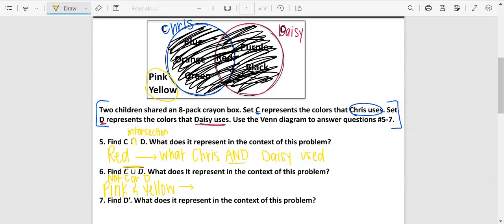These two colors are not included in the union of colors that were used by Chris and Daisy. So that means these are the two colors that were not used by either person. It was not used by Chris or Daisy. It was not used by either of them.